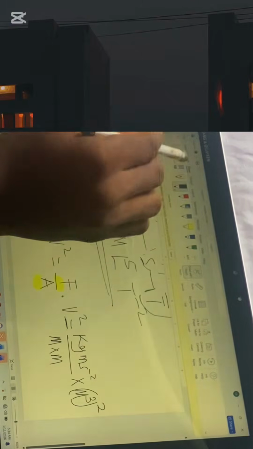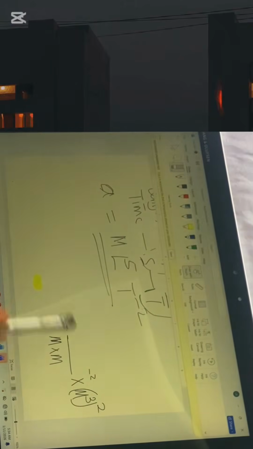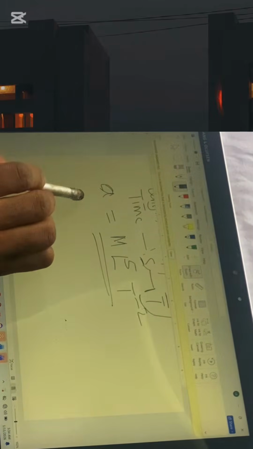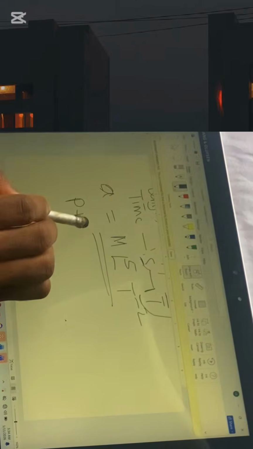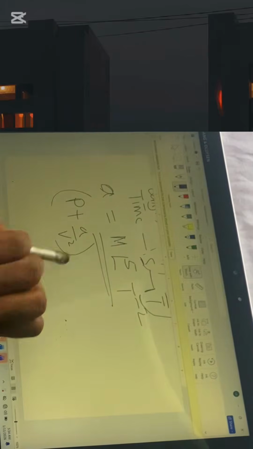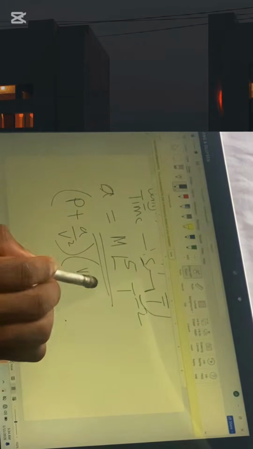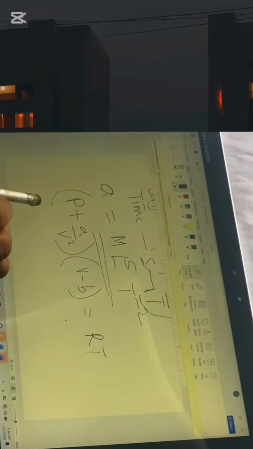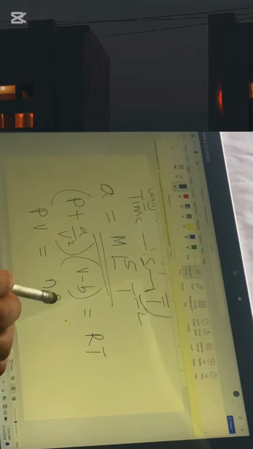So when you do that again, we said this equation here, that is P plus A over V squared all times V minus B equal to nRT, compared to PV is equal to nRT.